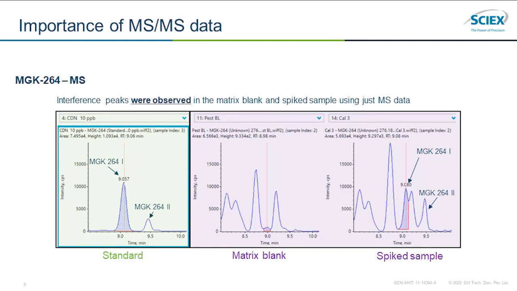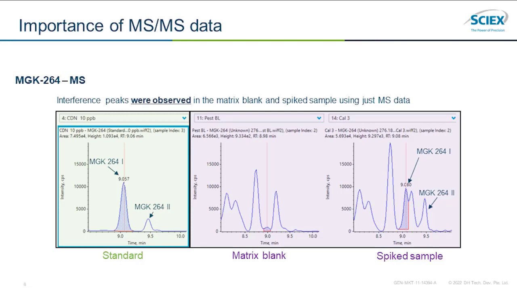And if we move one panel over, we have a matrix blank. And in the matrix blank, we notice there are two things that look very similar to MGK 264, but they're coming out at a slightly different retention time. I'm not sure if those are actually the pesticide of interest. In this case, they definitely aren't, because this is a true blank matrix. But you can see how this would be kind of confusing for an analyst.